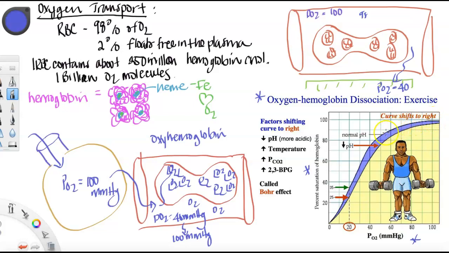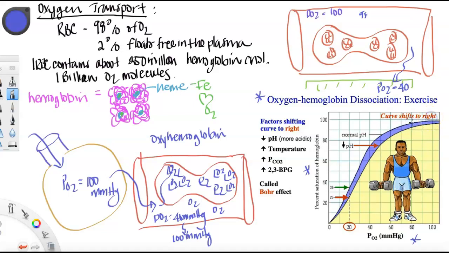As the PO2 goes down, the percent saturation goes down. It gets less sticky. The oxygen starts to unhook from the hemoglobin to go wherever it's going to go. At PO2 of 80, not much of a difference.